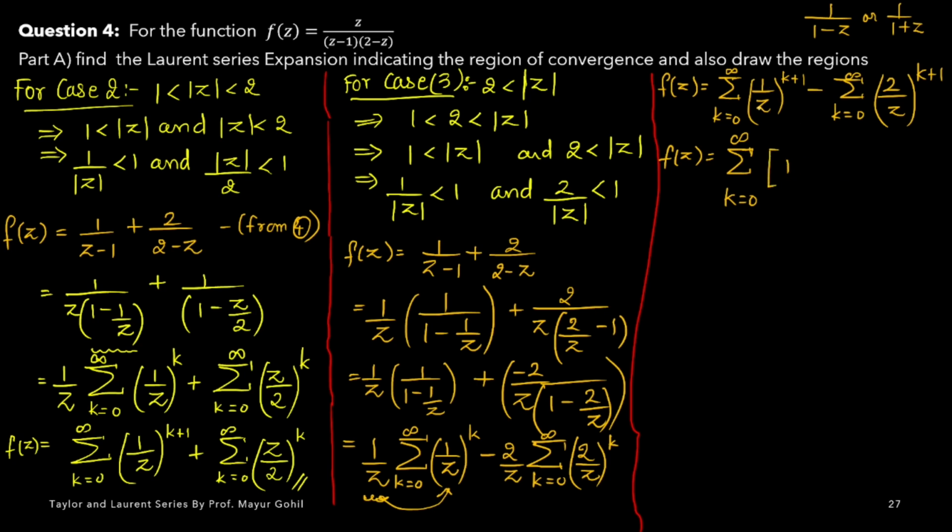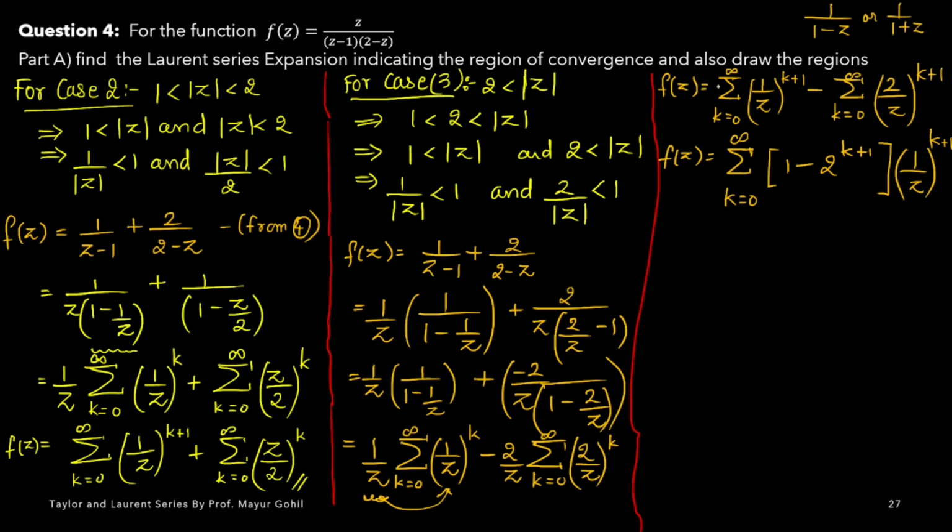See, 1 upon z to the power k plus 1 is there, and in the second part the coefficient of 1 upon z to the power k plus 1 is 2 to the power k plus 1, and there is a minus sign over here. So there is minus 2 to the power k plus 1, and outside you will have this 1 upon z to the power k plus 1. This is the Laurent series expansion for case 3.